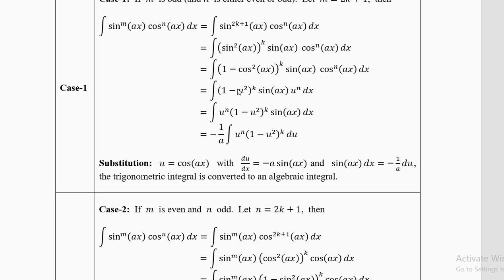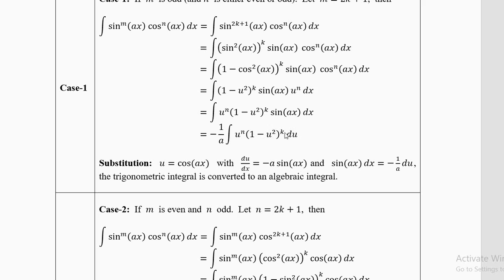So now we can integrate this using the substitution u equal to cos ax with du by dx equal to minus a sine ax and sine ax dx equal to minus 1 by a du. When you make this substitution, your integral will become minus 1 over a integral u power n into 1 minus u square whole power k.